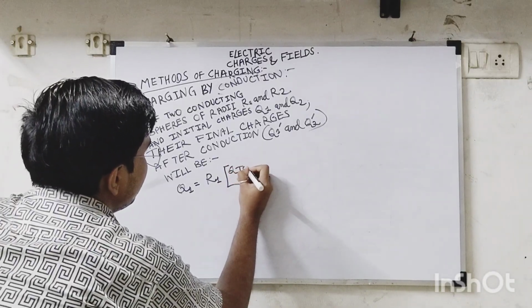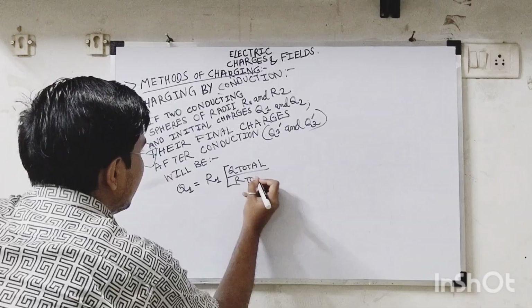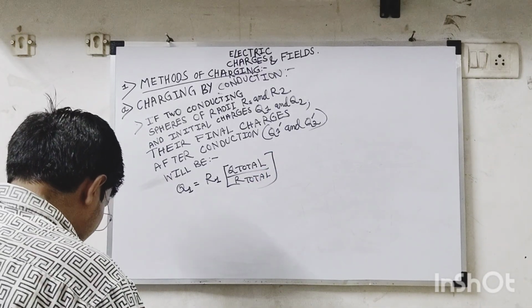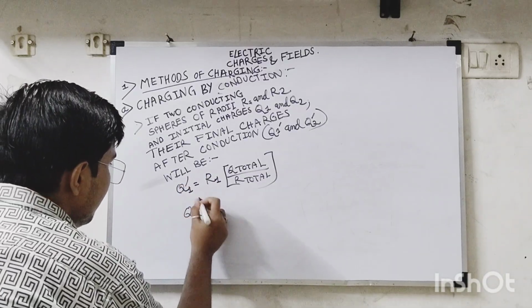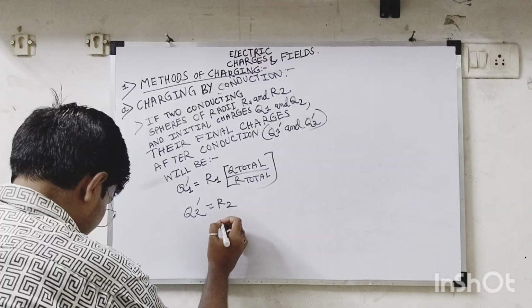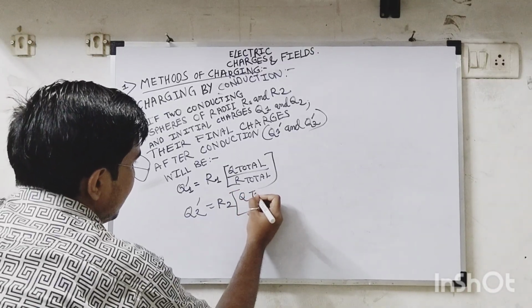Simple. And how will you find Q2? Q2 dash by R2 is equal to Q total by R total.